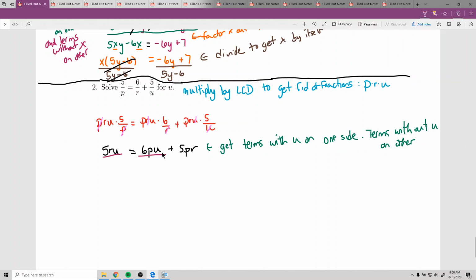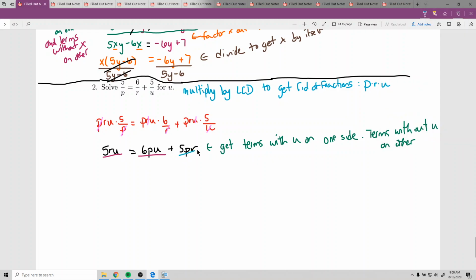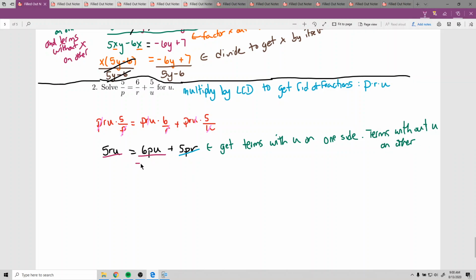The 5ru and the 6pu have u, and the 5pr does not have u in it, so we want to subtract the 6pu to get it on the side by itself, with u. So that's the quickest way to make sure you got the u's on one side and the not u's on the other. So we got 5ru minus 6pu on the left, and on the right we have 5pr.